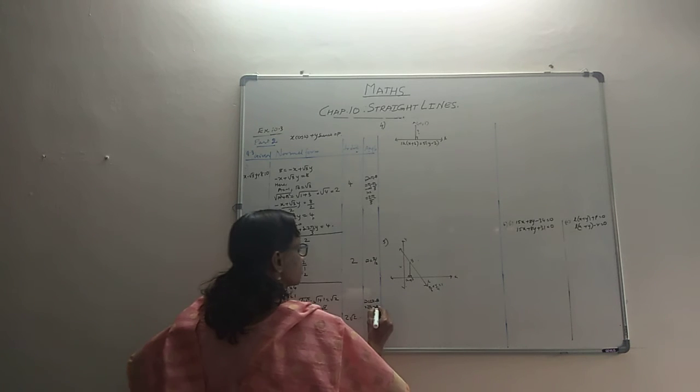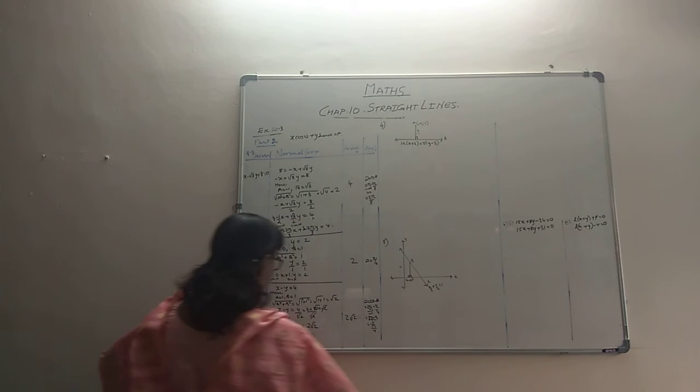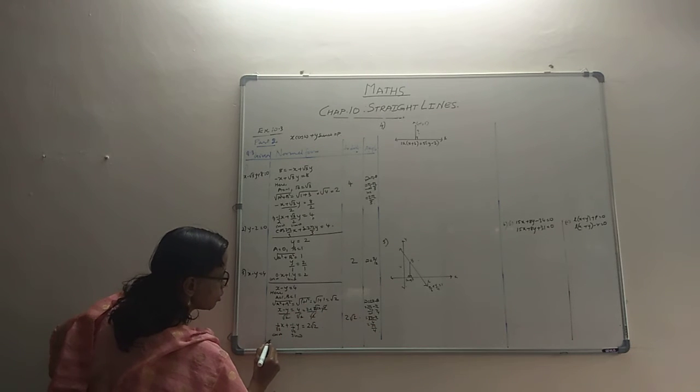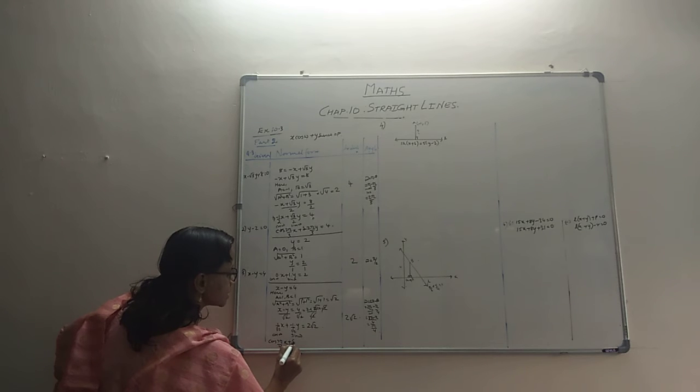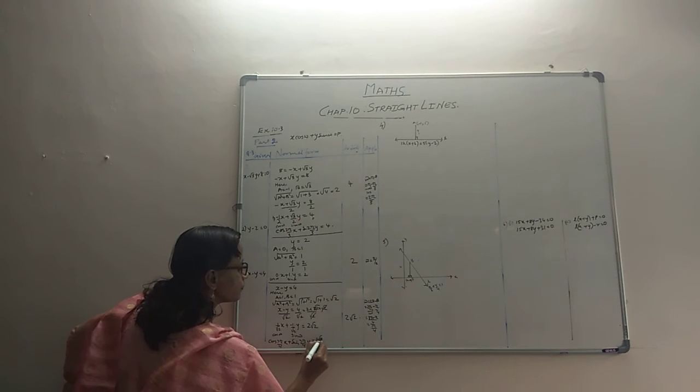So this is going to be pi by 4. Now we solve it: 2 pi is 8 pi by 4, so 8 pi minus pi by 4, that is 7 pi by 4. So you can have it in normal form: cos 7 pi by 4 x plus sin 7 pi by 4 y is 2 root 2.